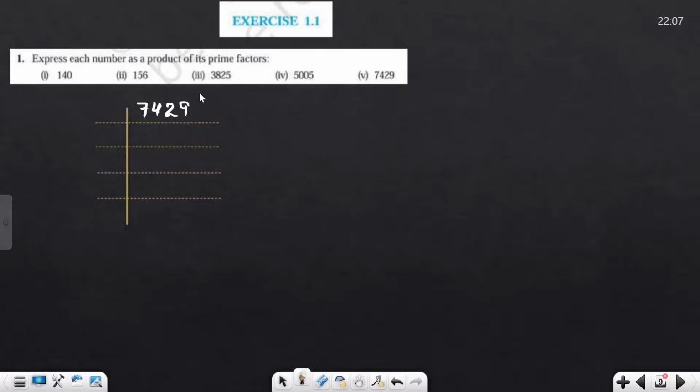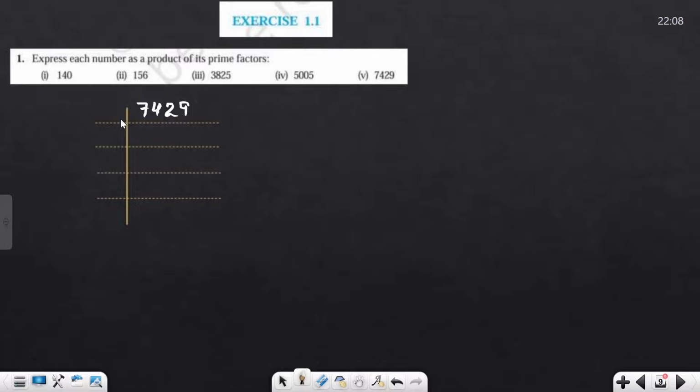Not divided by 5, because the unit digit is 9. Is it divided by 7? No, because when you divide it by 7, it does not divide exactly. Now check 11: 7 into 9, 9 minus 9, remainder 4, so not divided by 11.